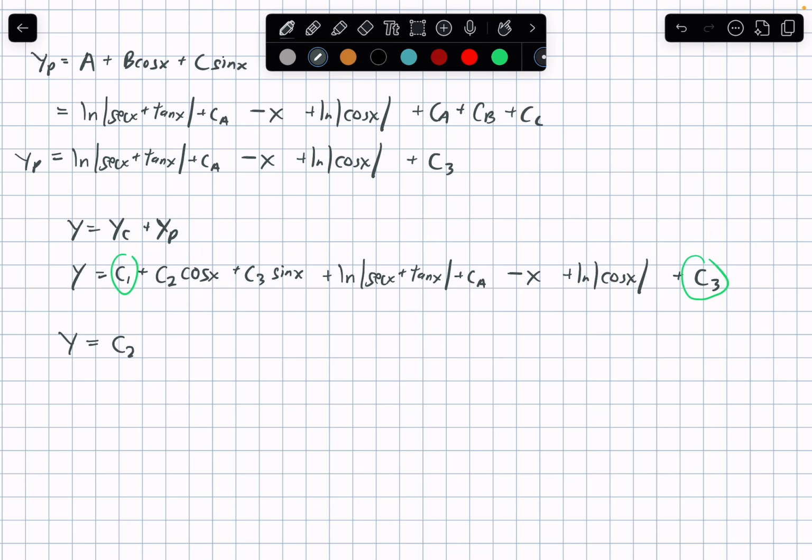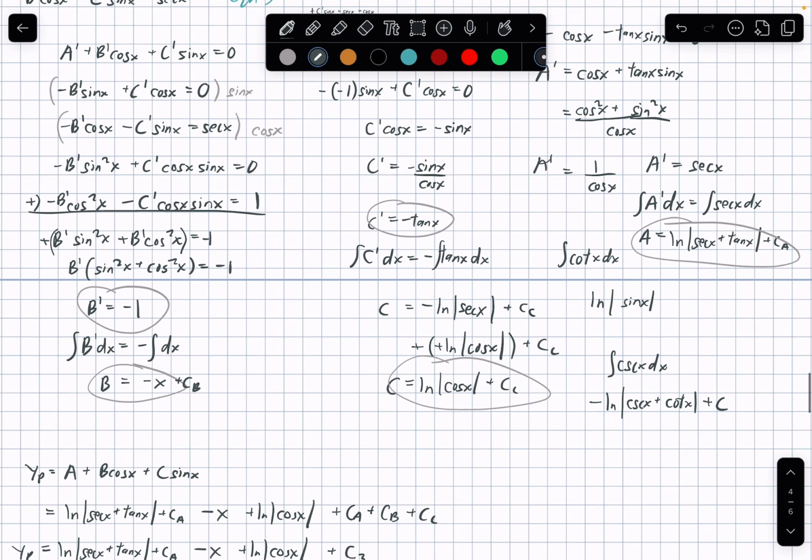So we have left C2 cosine x plus C3 sine x plus... wait a minute.